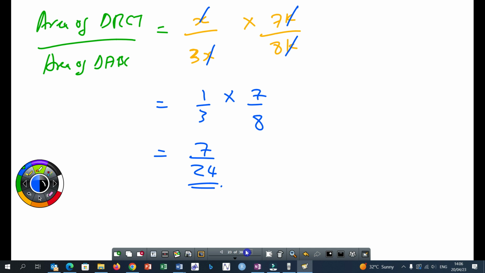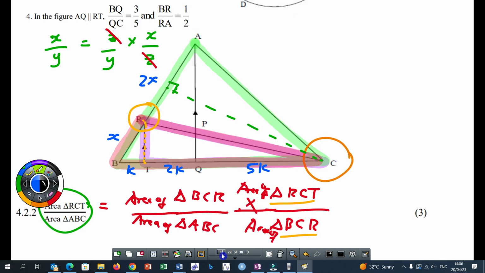Now, if you look at the ratio, it's too large. By observation, you have RCT. Look at the original diagram. Think about it carefully. You are saying this area here is 2/3 of ABC.